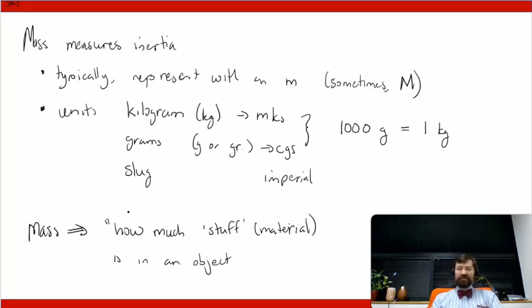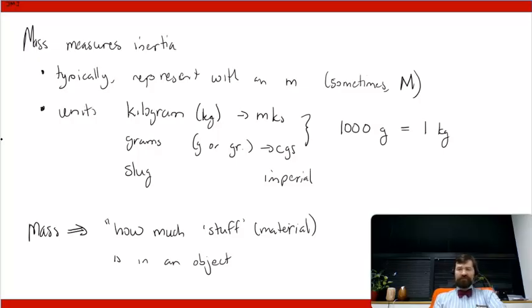And so that is a different way of saying we're going to count how much stuff is in an object via counting how many protons, neutrons, and electrons are present. So protons have a given mass, neutrons have a given mass, electrons have a given mass, all at rest, of course. So how many of each of those are present in the object gives us a total amount of mass.